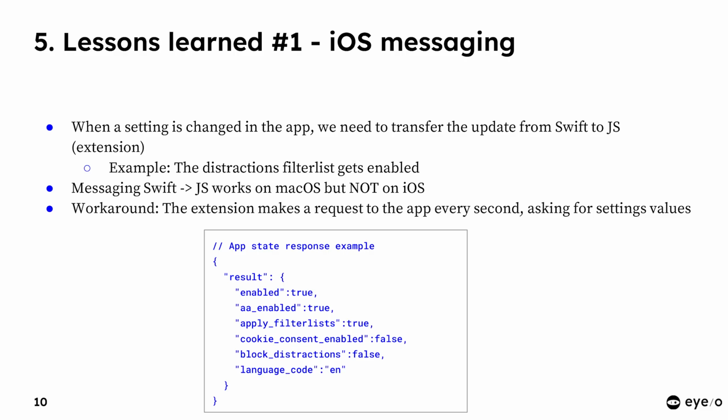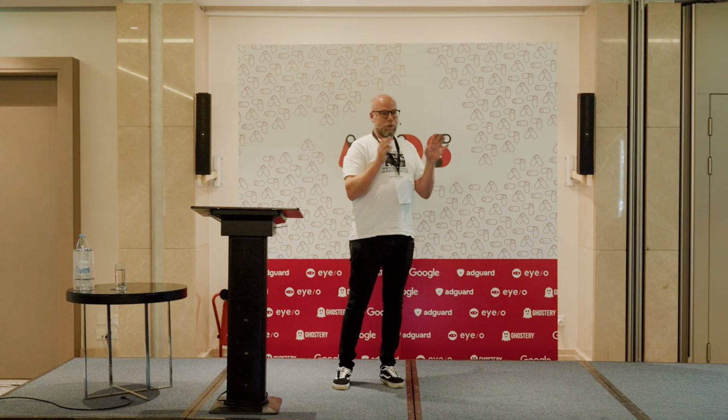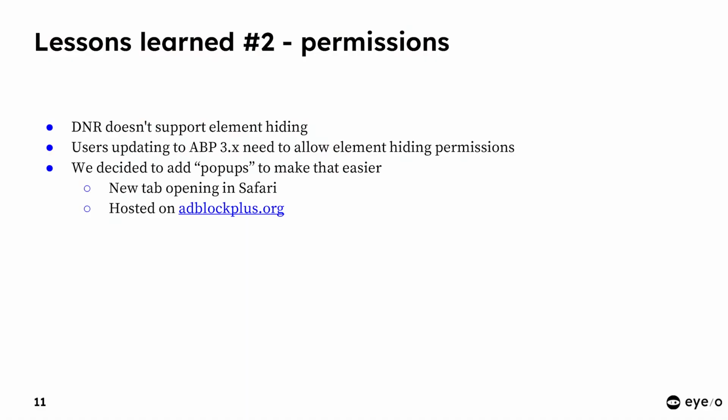So a workaround that we added was that the extension makes a request to the app every second, asking for the settings, and then the app is able to send a message back. Hopefully, at some point, this workaround can be dropped, but this is how things are for now.